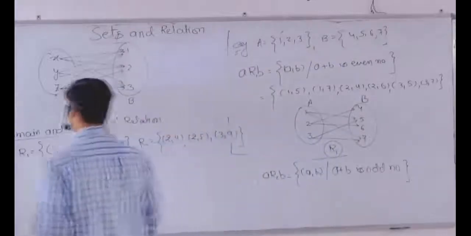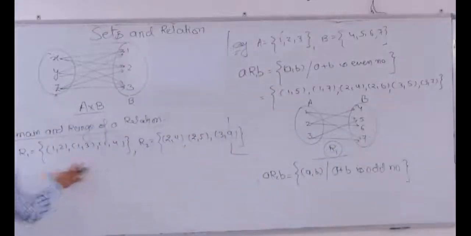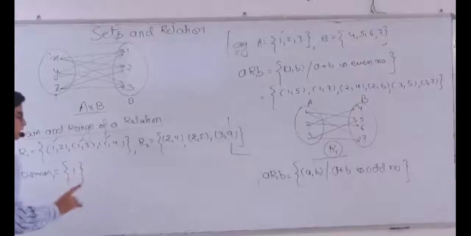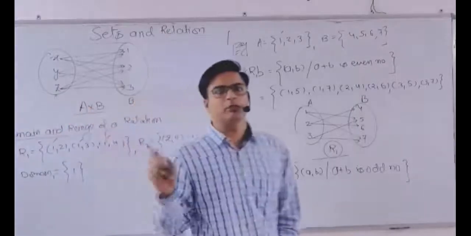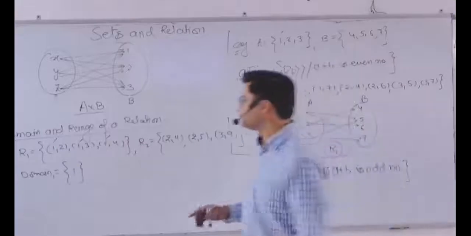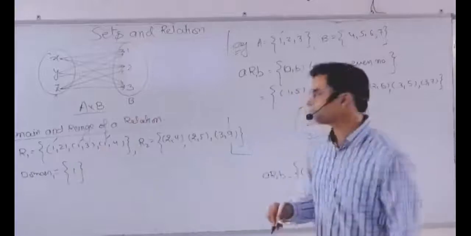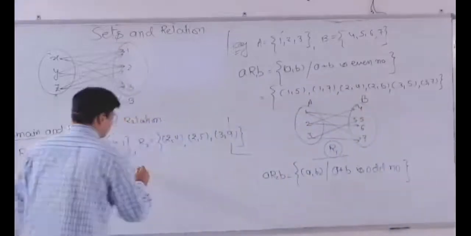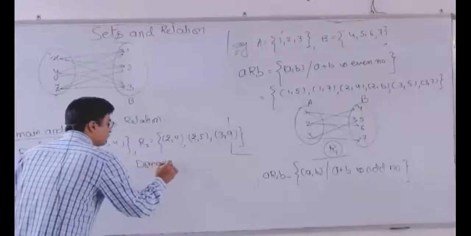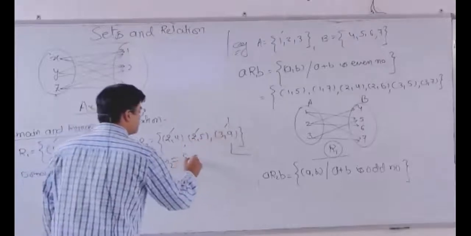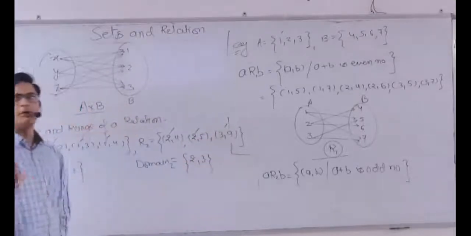If I'm talking about the domain of R1, it is the set of all the first entries. Here only 1 will come in the domain of R1, because we have only 1, 1, 1. Only one element is there. If I'm talking about the domain of R2, then the first entries, 2, 2, 3, that means {2, 3} will be my domain set.